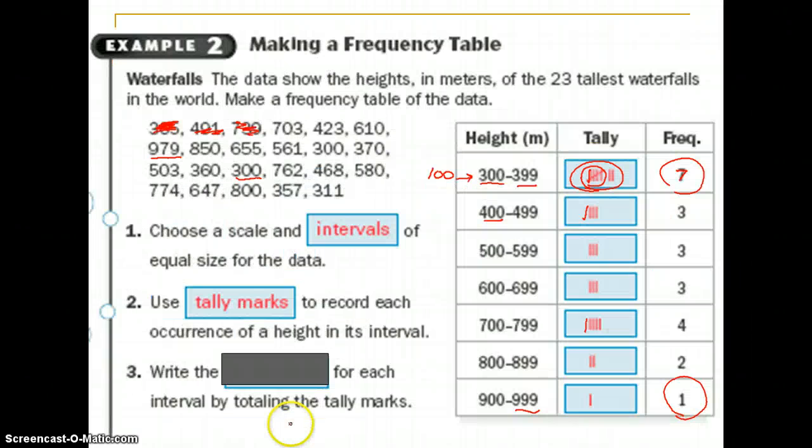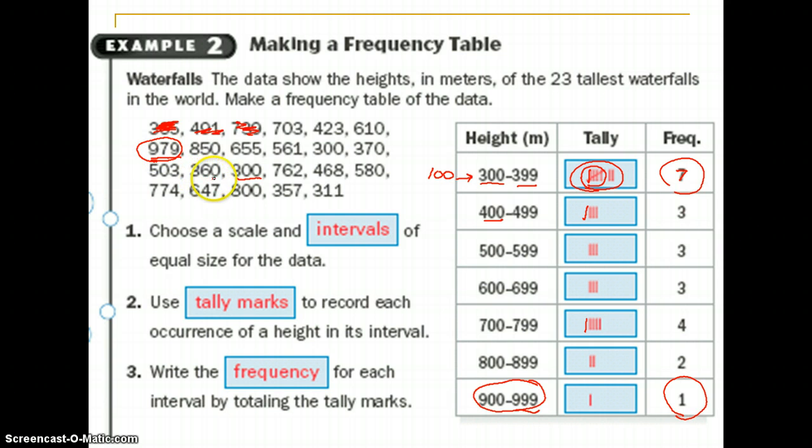Remember back at example 2, this data shows the height of the 23 tallest waterfalls. So the tallest waterfall was at this interval, 900 to 999. Remember, it was our 979. That's the tallest waterfall.